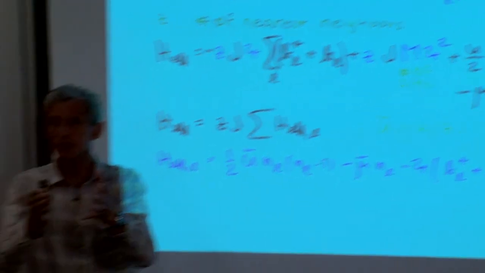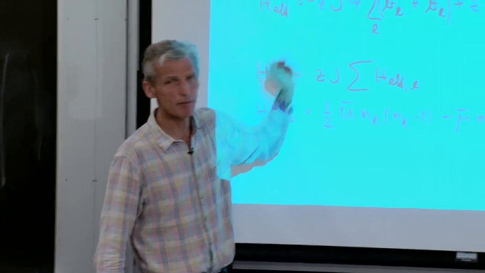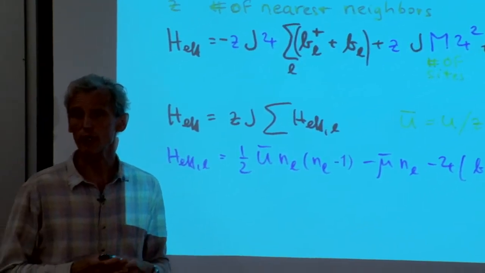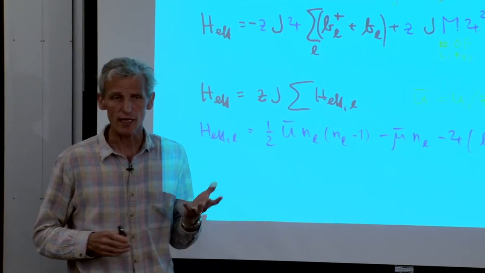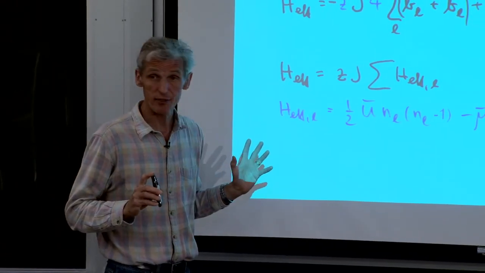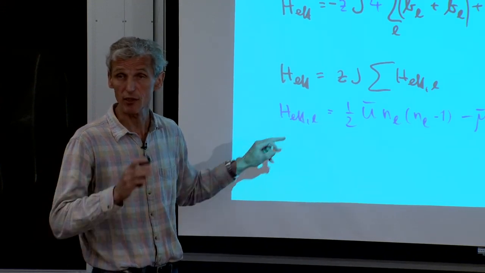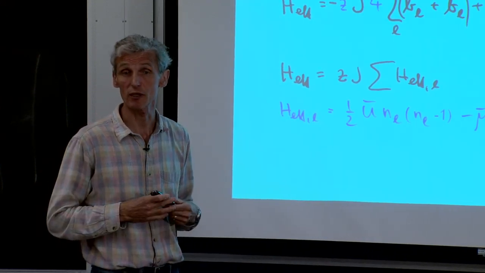Each site interacts with all the other sites, described by the mean field, by the superfluid order parameter psi. So our many-body problem, which is still a many-body problem, has turned into an effective Hamiltonian for each site, because each site has the same Hamiltonian.